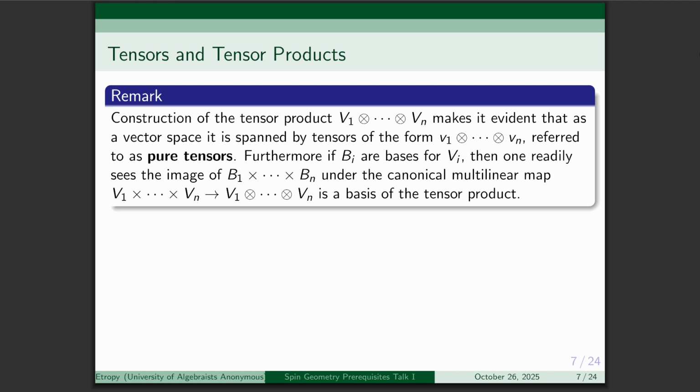And this is quite convenient because we can quite directly, through definition, show that if we have bases for some vector spaces V1 through Vn, then if we take all the possible tuples of elements of the bases and interpret them as pure tensors, so we take the tuple and instead of the commas put the tensor product sign, that will be a basis of the tensor product.